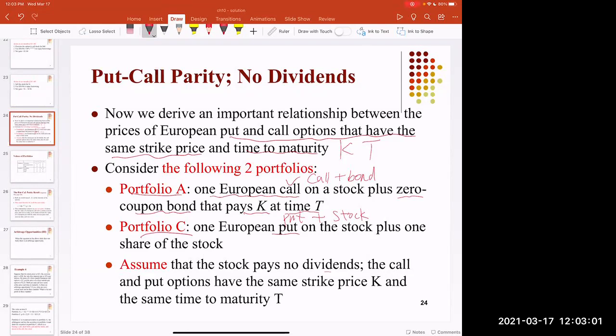Assume the stock pays no dividends and the call and the put option have the same strike price and the same maturity. That's the assumption.